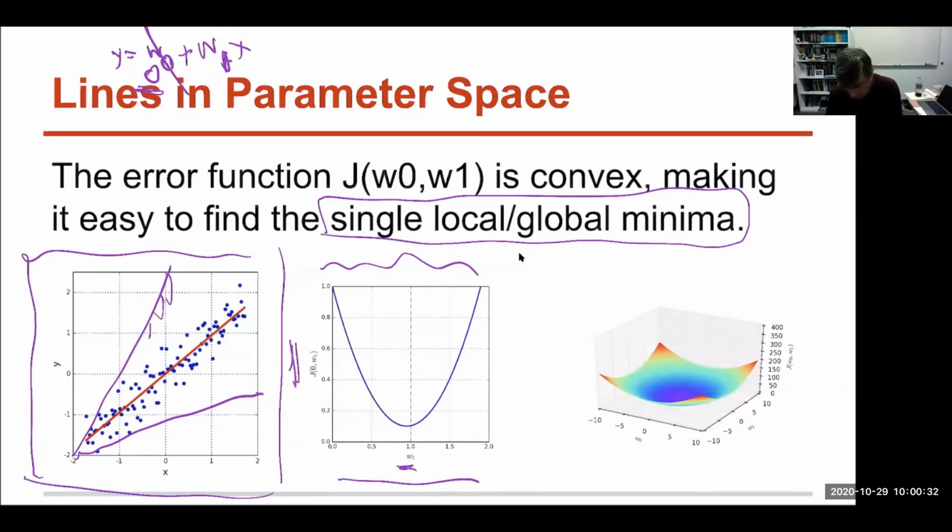So if we wanted to find the slope that minimizes the error for this data set, we could guess a value for the slope of the line.